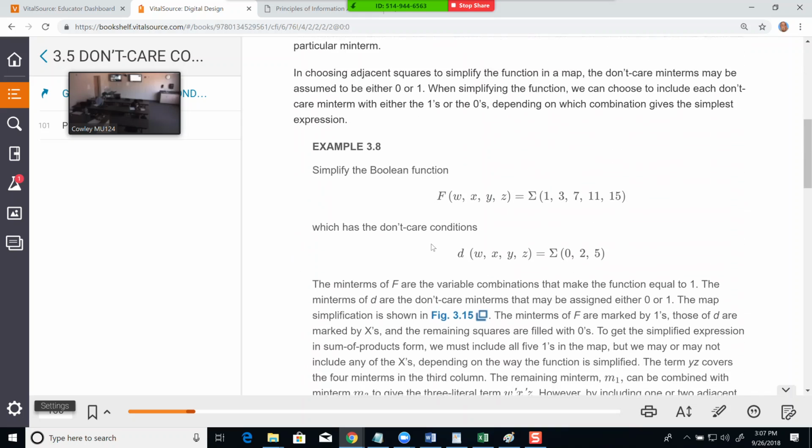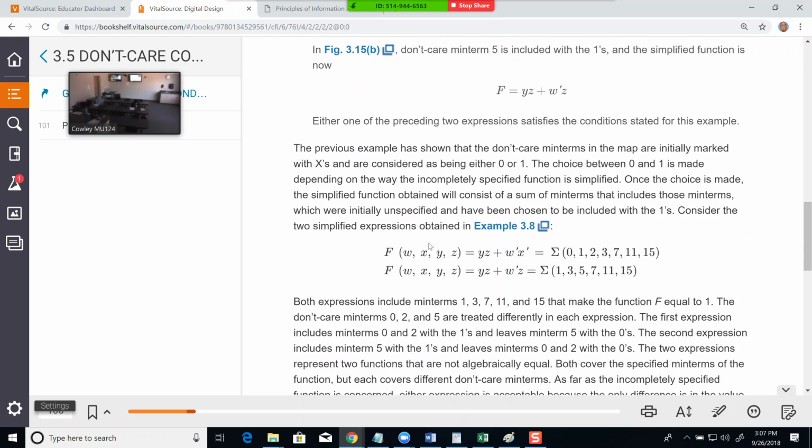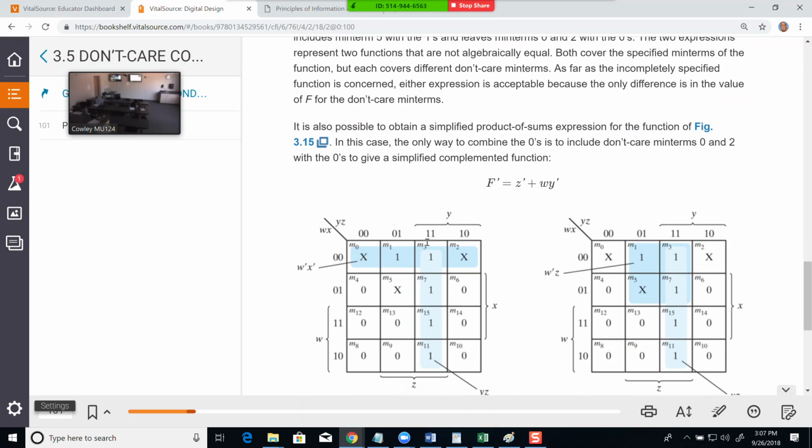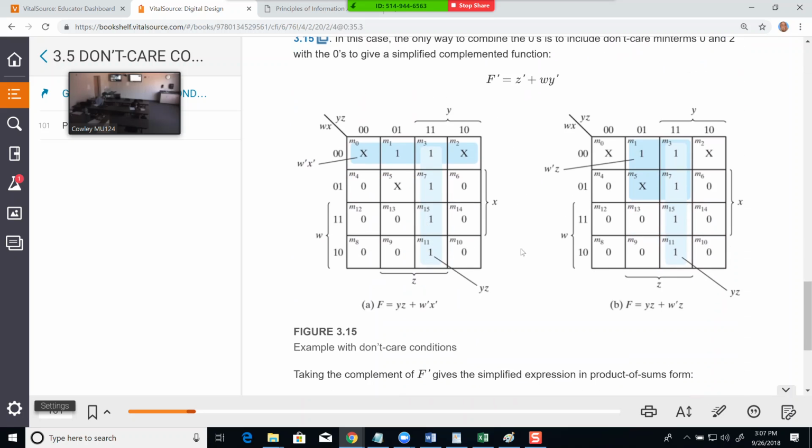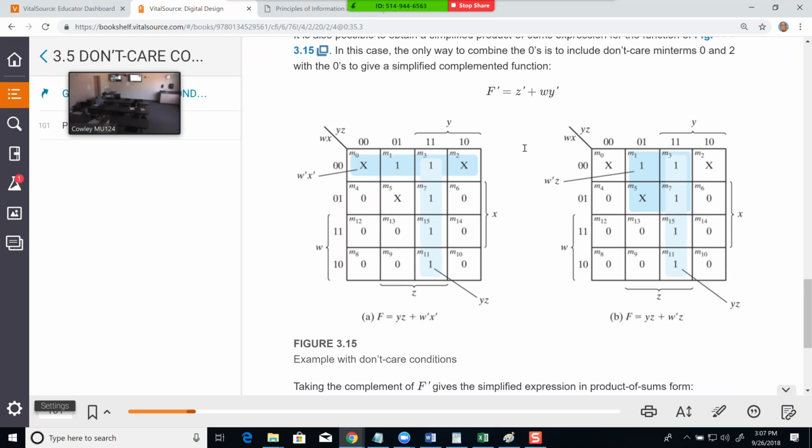Now, how they look. You see these x's here? So instead of having just zeros and ones, we have some x's in there. And that's what they're referring to.